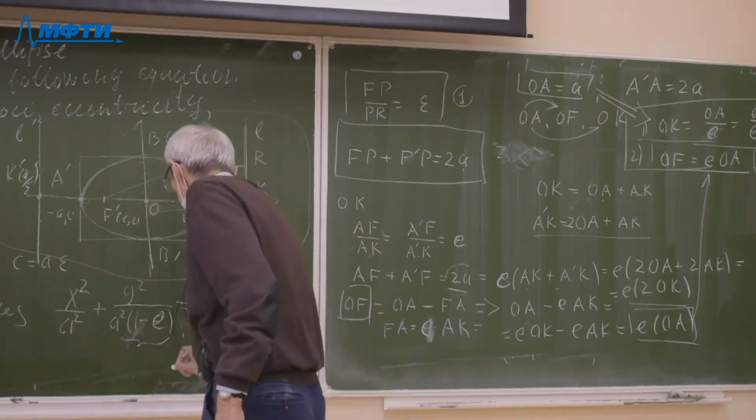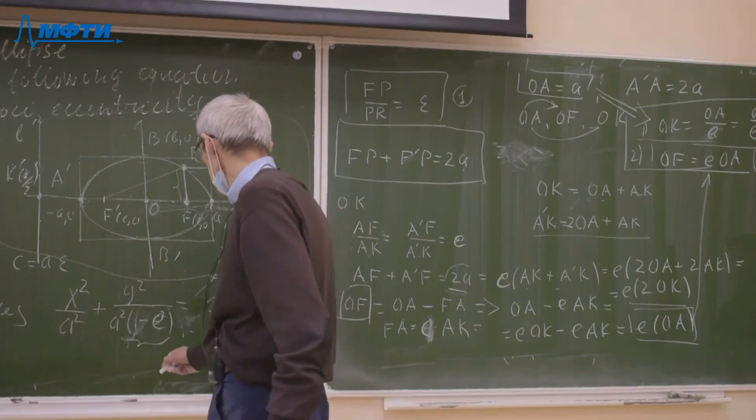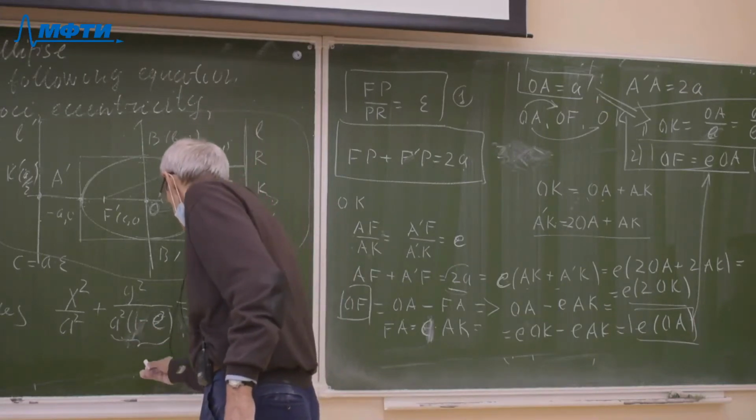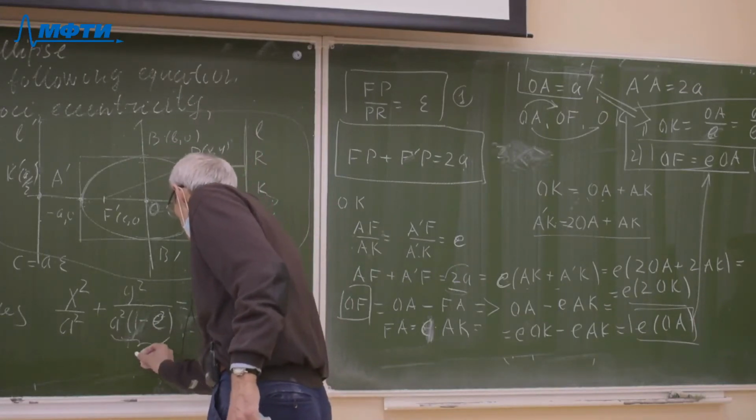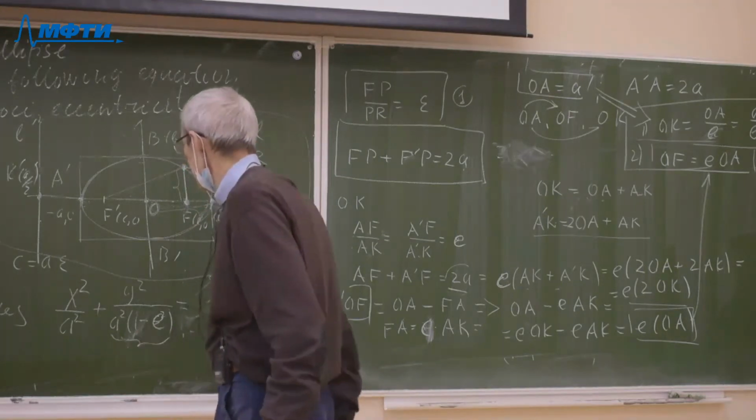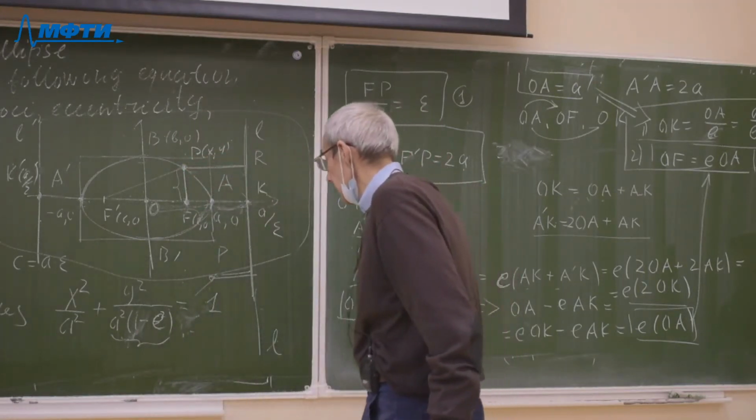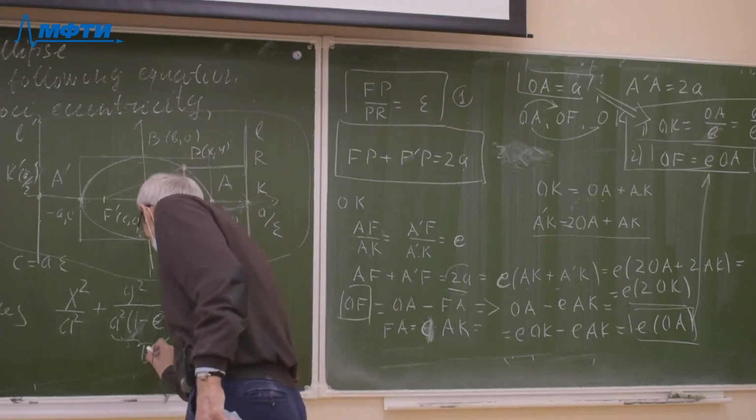And we denote the product a squared times the difference (1 minus e squared) by b squared.